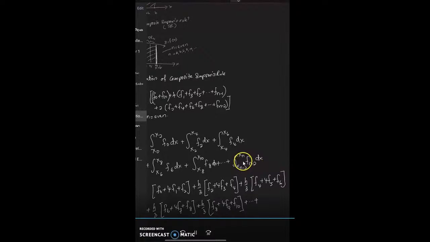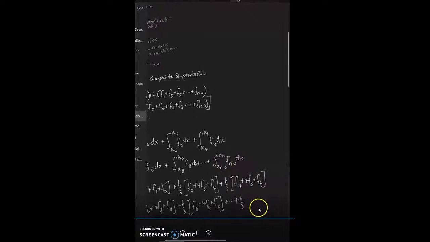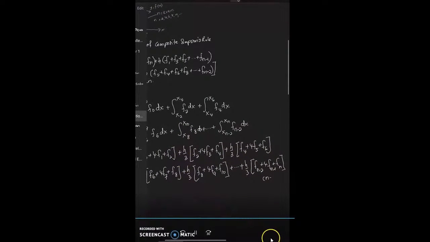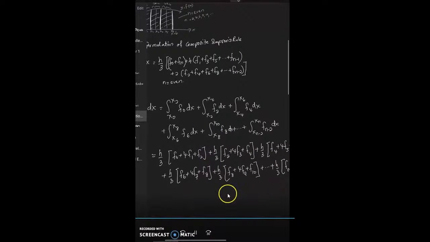The odd values of i are times 4. The even values you add from the previous expression and the forward expression, for example f2 plus f2, f4 plus f4, f6 plus f6, f8 plus f8, f10 plus f10.